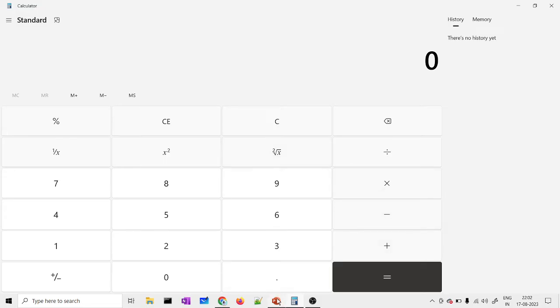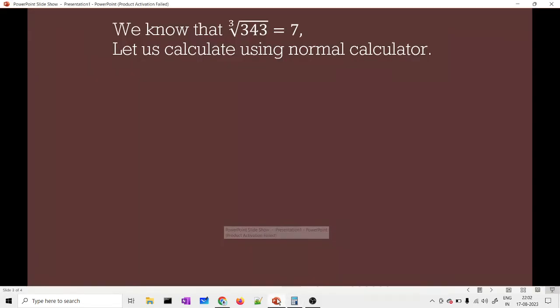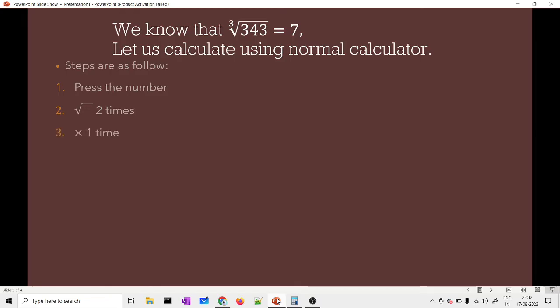So to find out the cube root, the steps are as follows. The first step would be to write the number. If you are using your normal Casio or any other standard calculator which is allowed in the examination, just press the number that you want. Then press the square root sign 2 times. Then press multiplication sign. Then again square root sign 4 times.